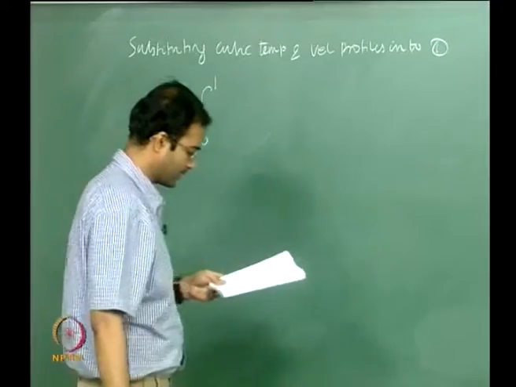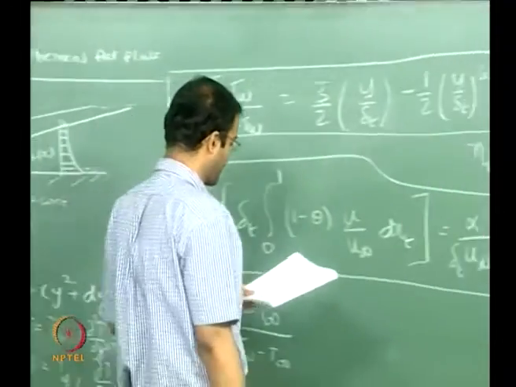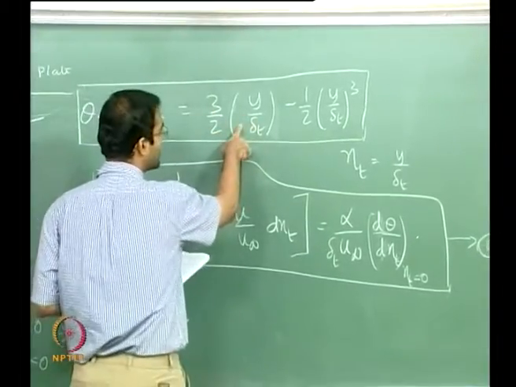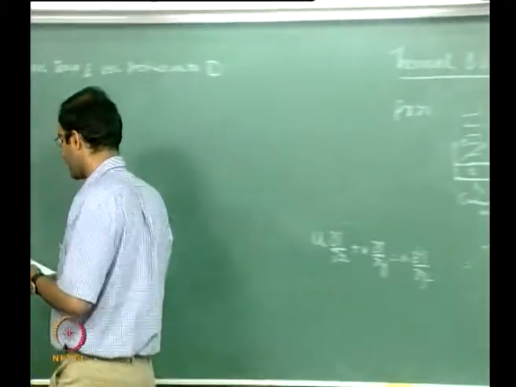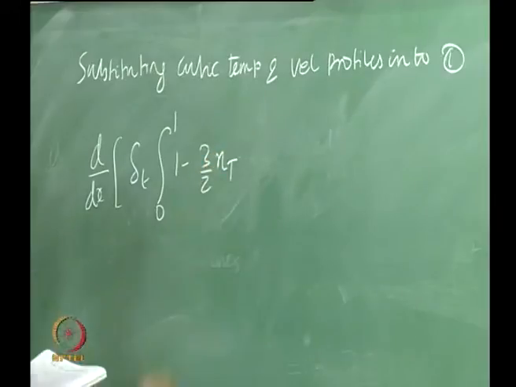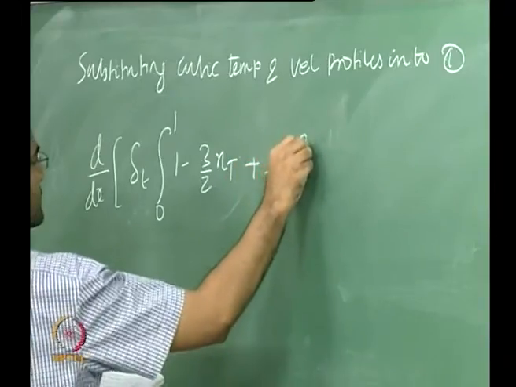My cubic temperature profile is now 1 minus theta, so that is 1 minus 3 by 2 eta t minus half eta t cube. So I can write it as 1 minus 3 by 2 eta t, and minus of minus is plus half eta t cube.